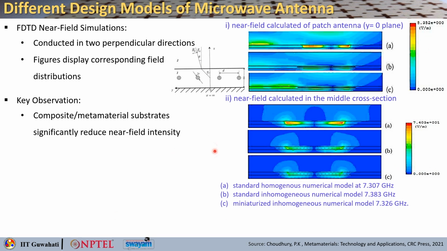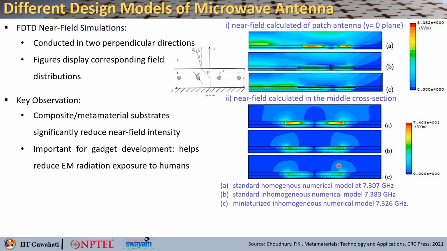Now, as you can observe in these figures, the implementation of the composite or metamaterial substrates results in a considerable decrease in the intensity of the near field around the antennas, as you can see here clearly, right. So, this result is specifically important from the viewpoint of creating gadgets, because of the possibility of a considerable decrease in the negative impact of the EM radiation on humans and other living objects.